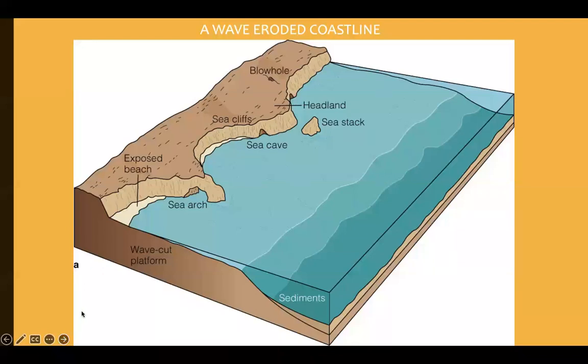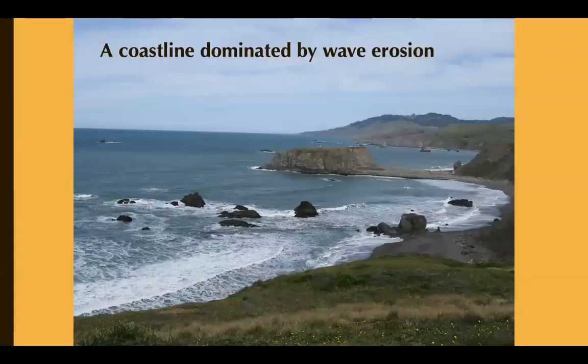So when the waves erode the coastline, which is what we see here a lot in California, the waves come up and hit the exposed beach and break through those sea cliffs. Sometimes it breaks through and creates an arch or a blowhole, which we see in Hawaii a lot. But this is how the waves come up and smack into the beach and erode the coastline.